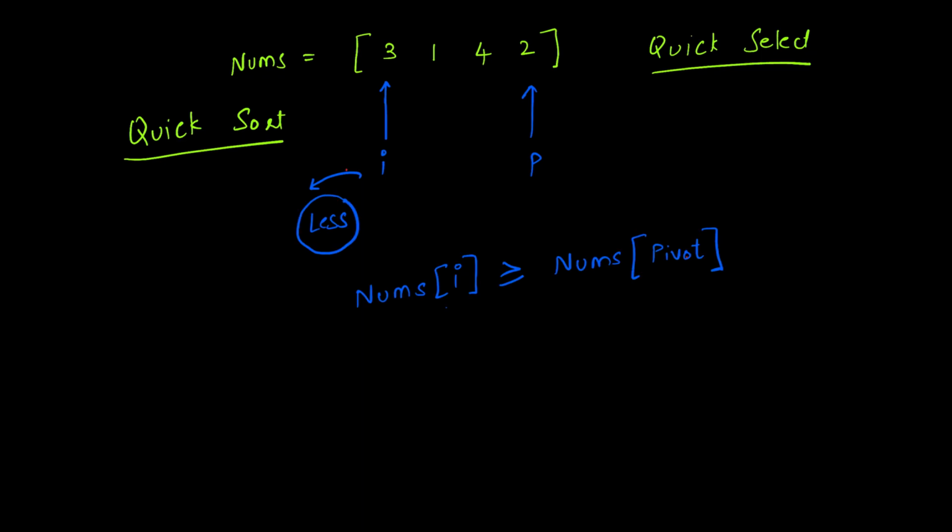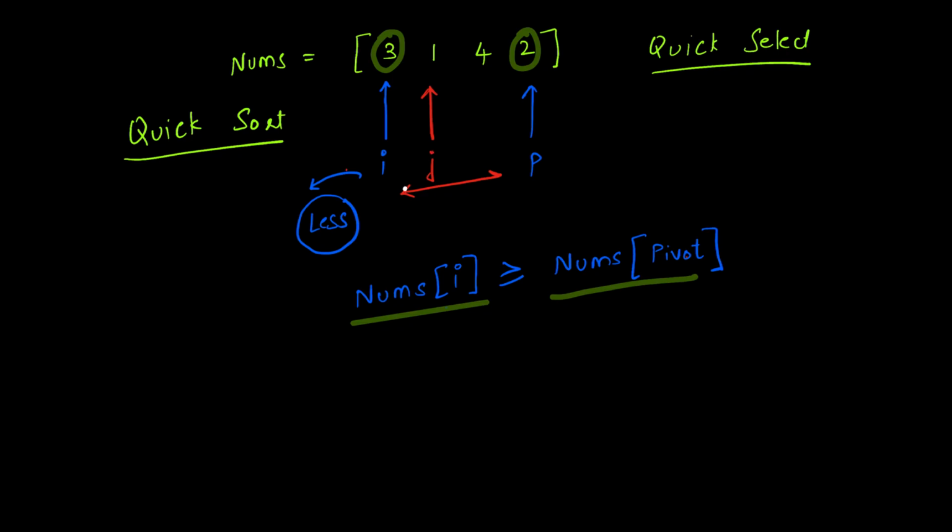We start off by checking if nums of i, that is the partition, is greater than or equal to nums of pivot. As the condition here is not satisfied, we don't need to do any swap, and then we'll increment our pointer. We leave the partition pointing at 3 and start a while loop between i and p to compare all of the values.